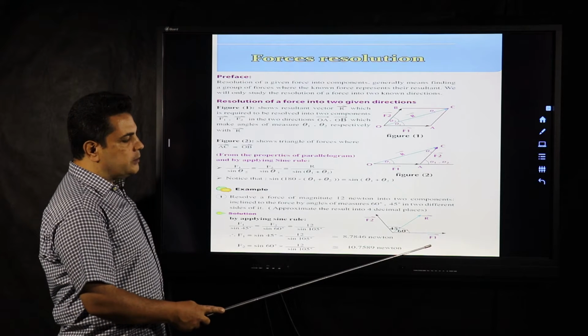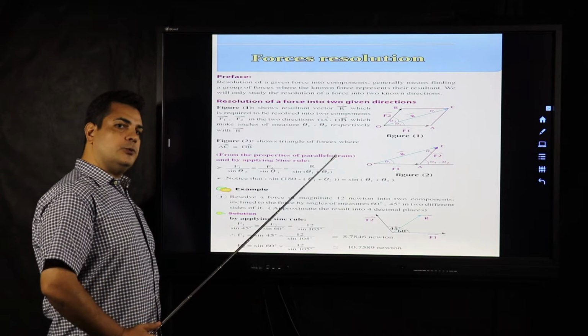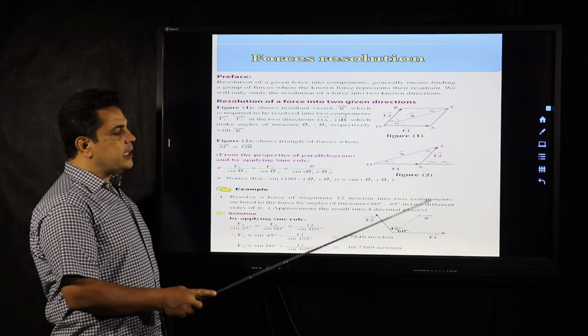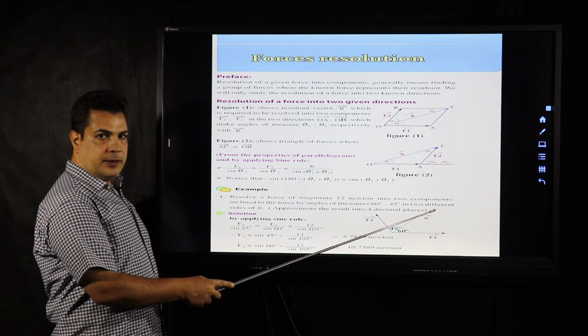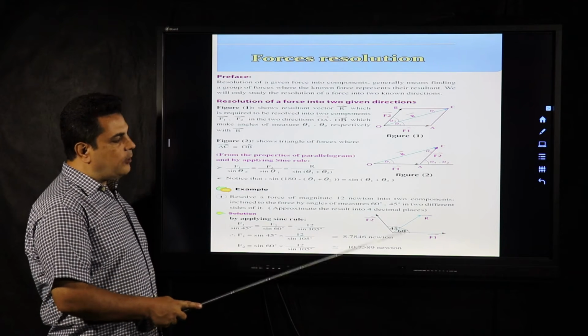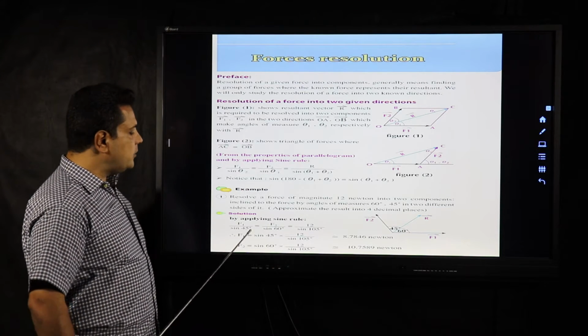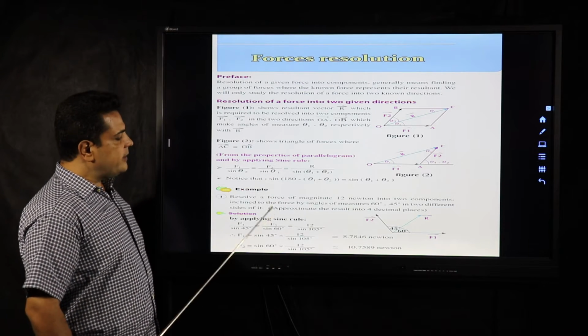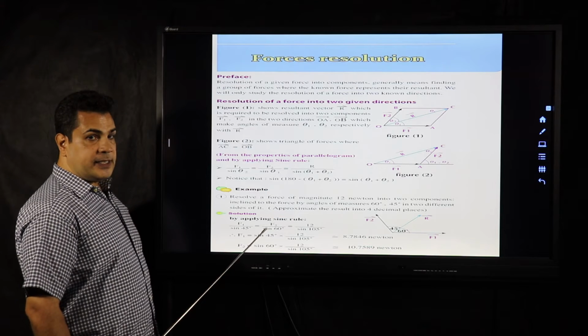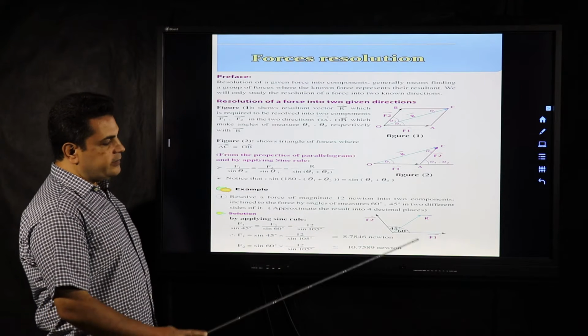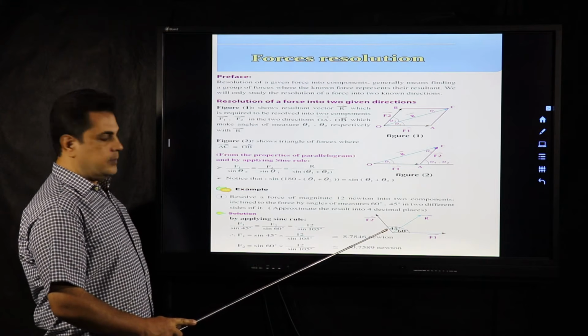Then F1 over sine 45 equals F2 over sine 60 equals 12 over sine 105, since 60 plus 45 is 105.